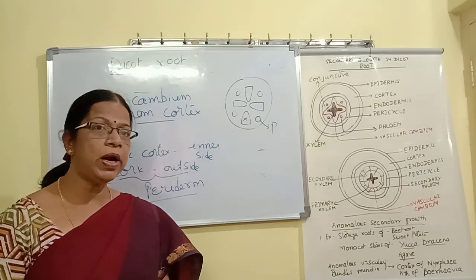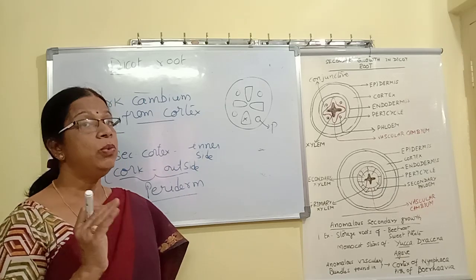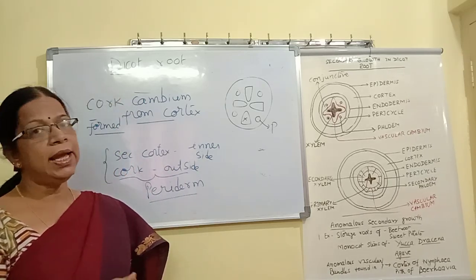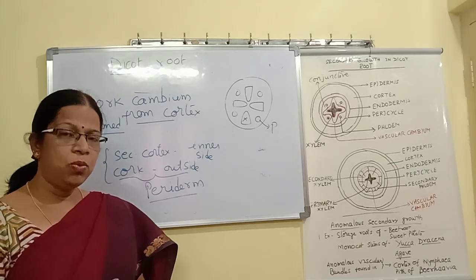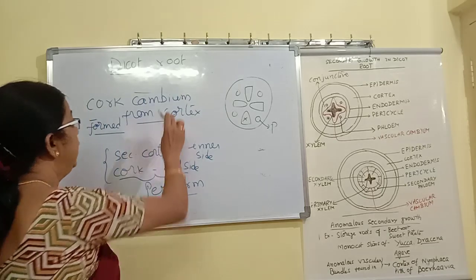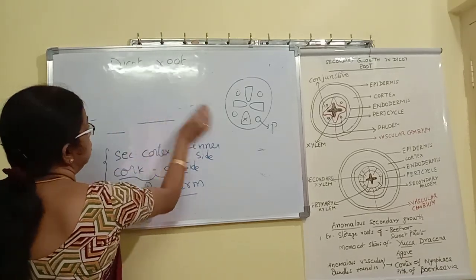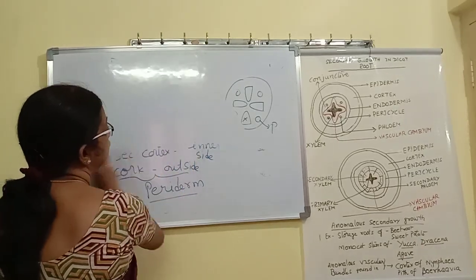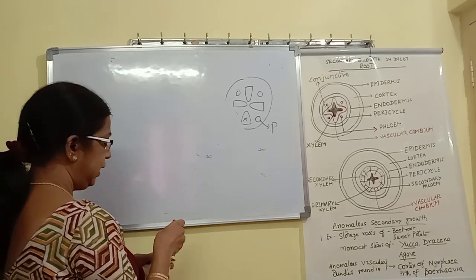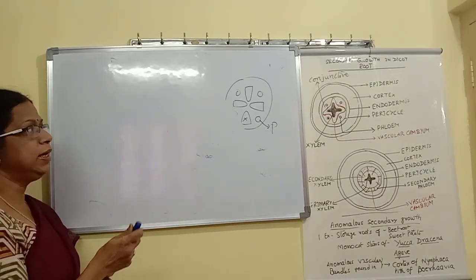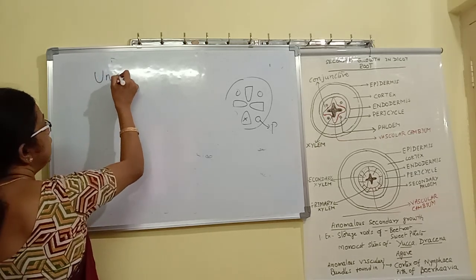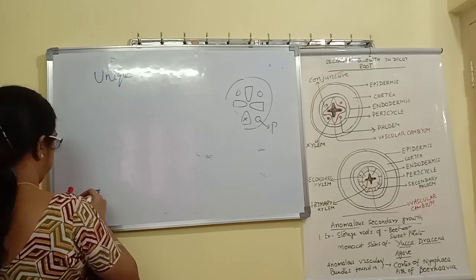Only thing difference we find is in the initial stage where vascular cambium is formed. So in the end I'll give you the unique features of secondary growth in dicot root. Let us take the unique features of secondary growth in dicot root.